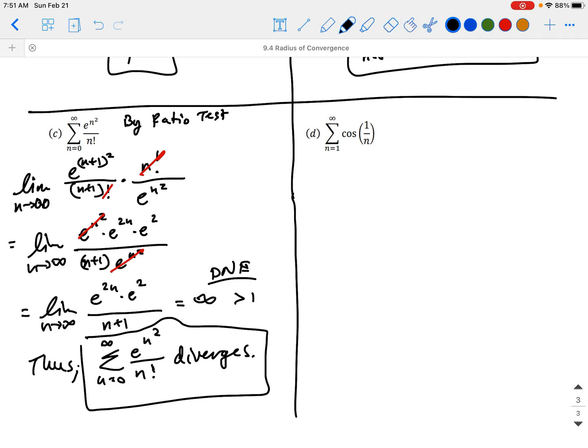So why don't we take a look at the ratio test itself? So let's take the limit as n goes to infinity of cosine 1 over n plus 1 over cosine 1 over n. It looks like this is going to equal 1.